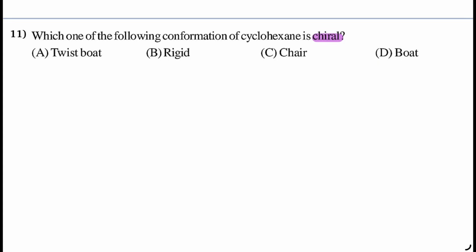In these four, straight away one is eliminated, that is rigid. In fact, there is no conformation of cyclohexane with the name rigid. So we don't have any conformation of cyclohexane that is rigid form. So twist boat, chair and boat, these are the things we have to consider.